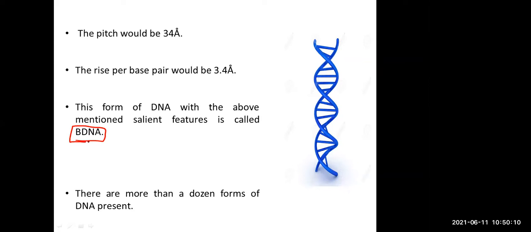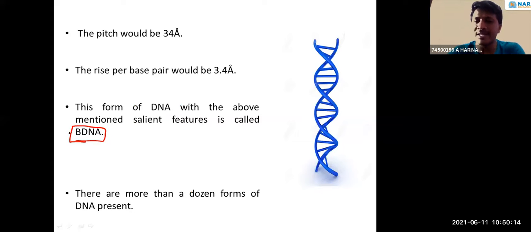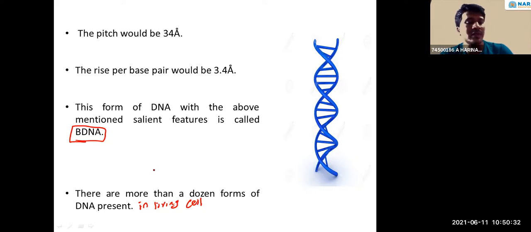More than a dozen forms of DNA are present in living cells. A dozen types means A-DNA, B-DNA, up to Z-DNA. But we are discussing only B-DNA. So this is all about the nature of the bond.